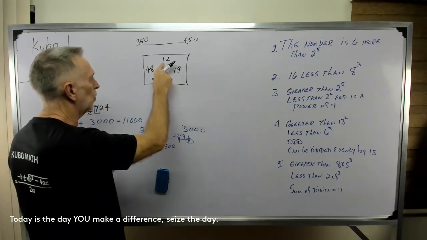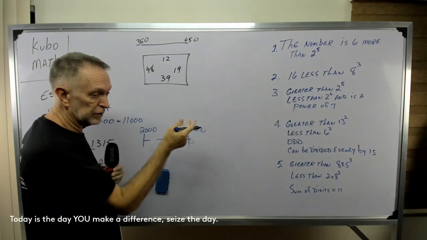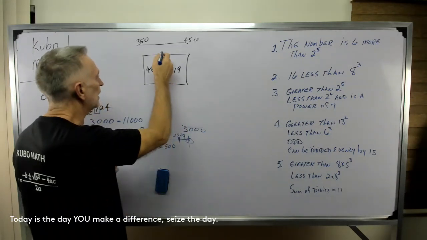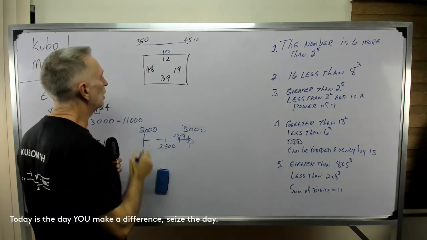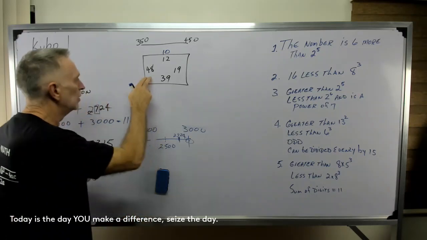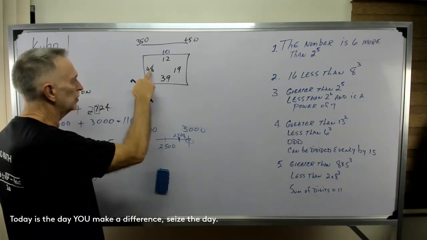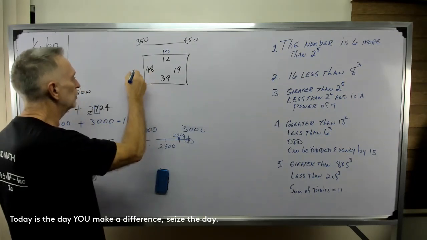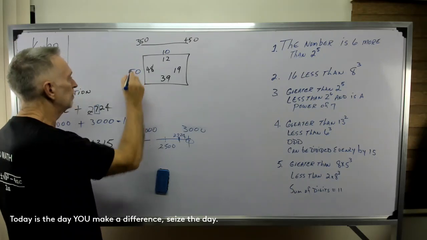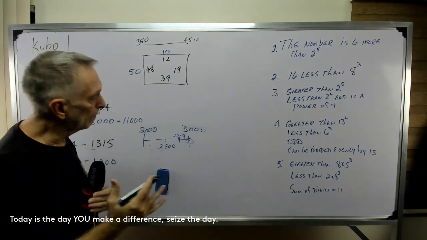This is a 1. Look to the right. It's less than 5. So I keep the 1 and make the other number a 0. For this one, I want to adjust on the 10. Look to the right. It's 5 or greater, so I add 1 to 4, which is 5. Make the other number 0.